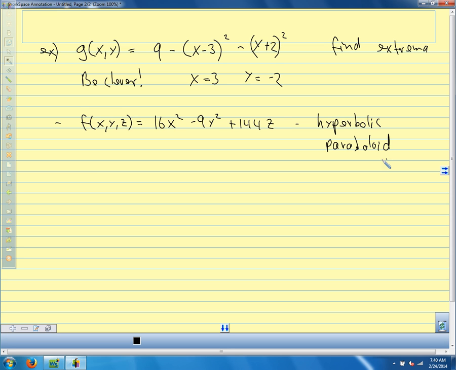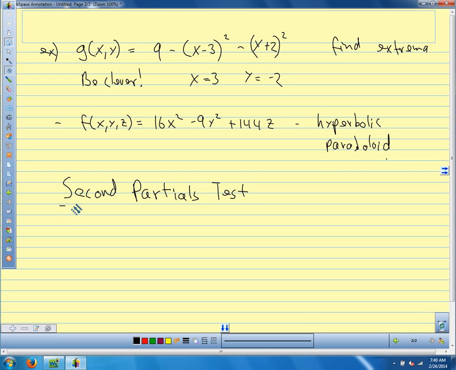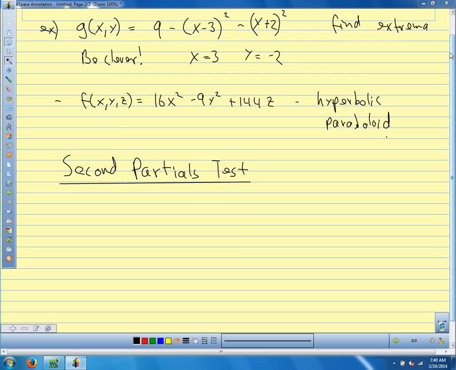We have something like that for multivariable functions. That is the second partials test. It's a little more complicated than the second derivative test, but kind of the same idea. We're going to say that f of x, y has continuous second partials.